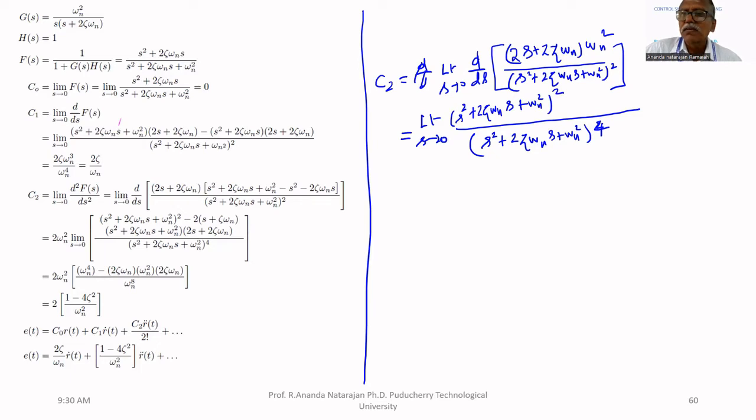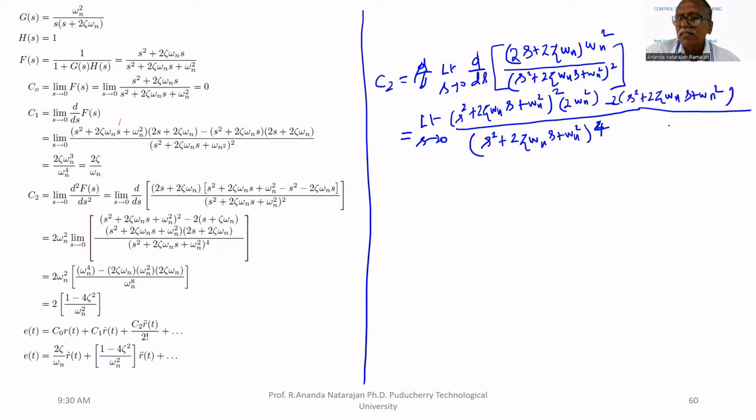2 omega n square, minus, we have to differentiate the denominator. That is 2 times S square plus 2 zeta omega n s plus omega n square.